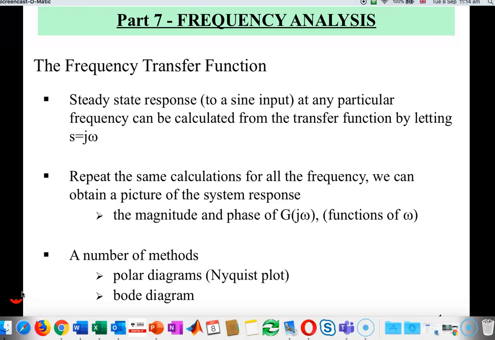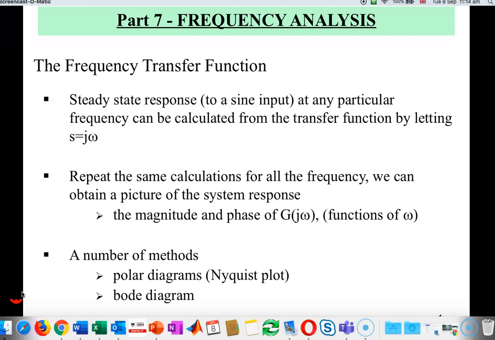In particular, when the frequency changes, the response will be different. So we can look at how we can work out the output response in the steady state after the initial transition period has passed, and how we can use the transfer function to do that.